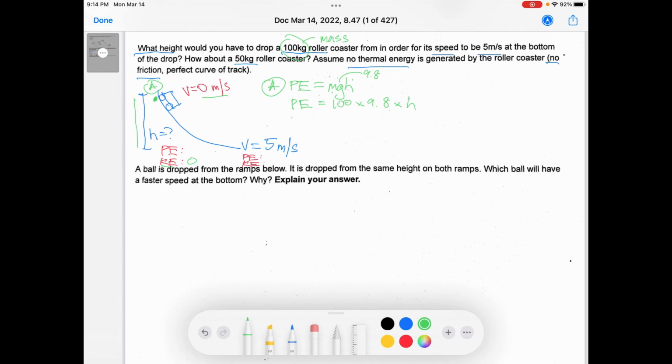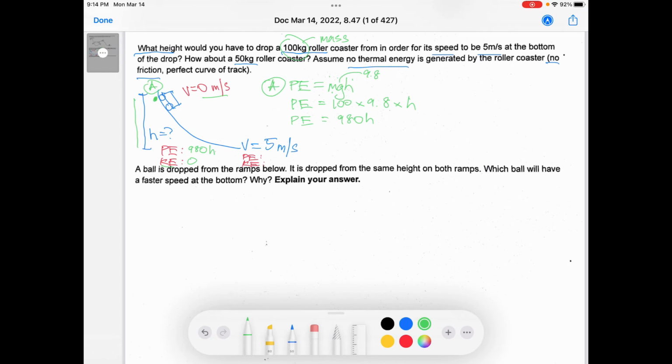The potential energy of the cart at point A is 100 times 9.8, which is 980 h. So I'm going to write 980 h right there.